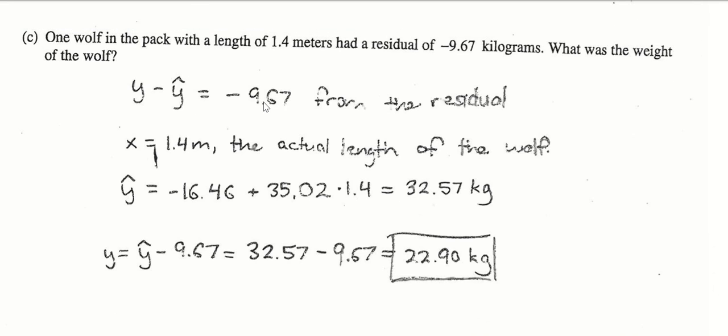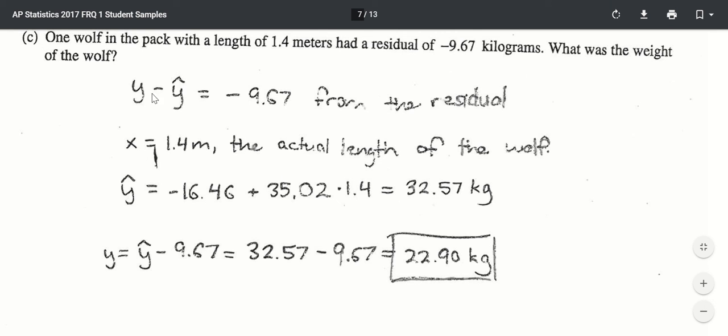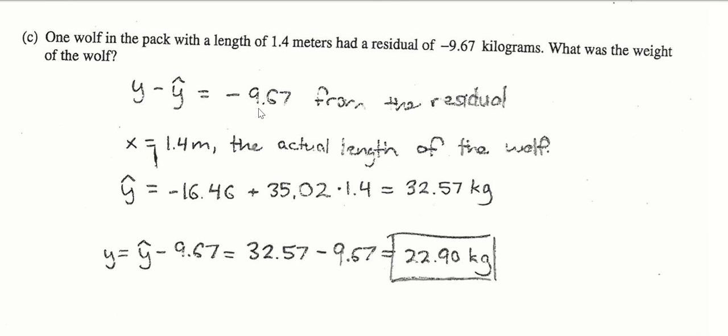So I actually don't know what I observed, right? But I do know that I expect the animal to weigh 32.57 kilograms. So you would say y minus 32.57 kilograms equals negative 9.67. And then just use algebra to find your y value.